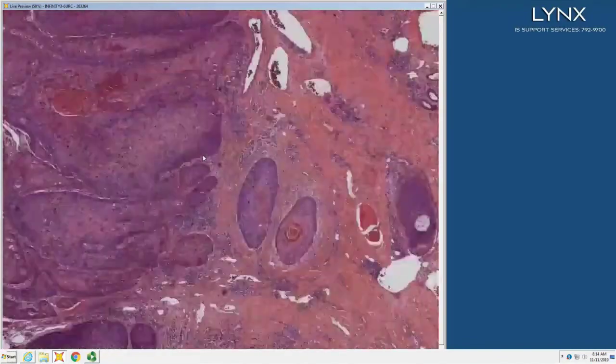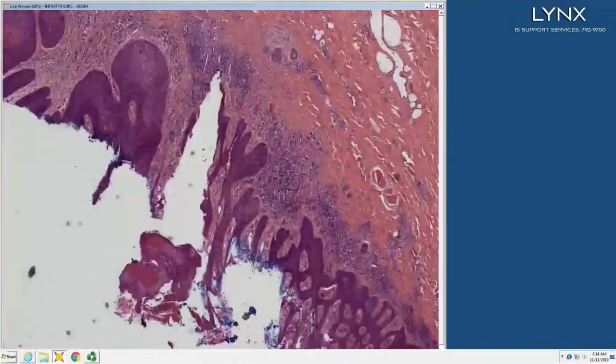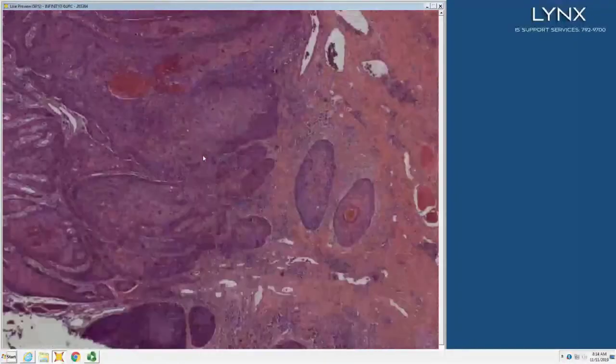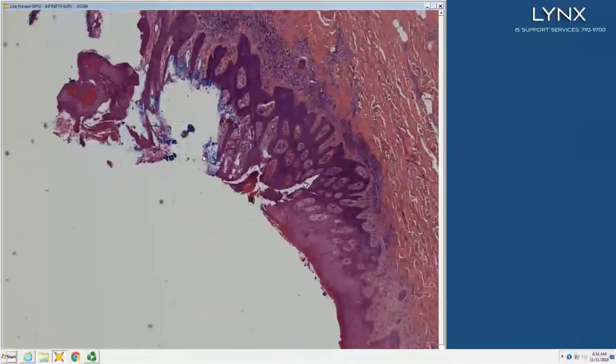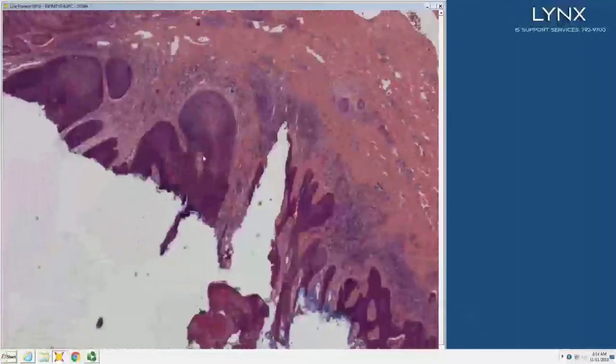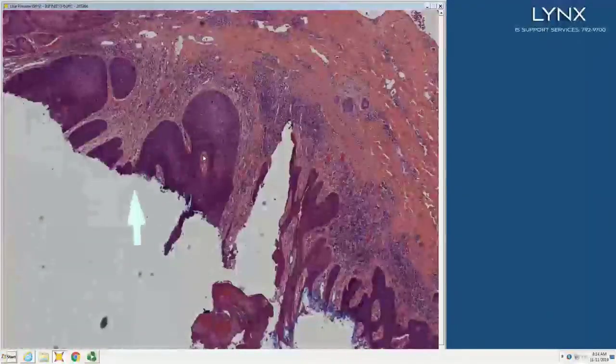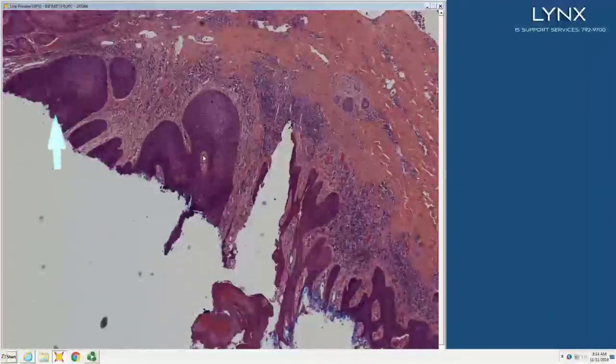So Mibelli type and linear porokeratosis are the ones with the highest risk of squamous cell carcinoma. Definitely have PEH, acanthosis. What do you think about your epidermal maturation here? Bowenoid.